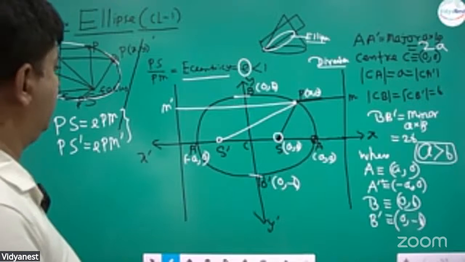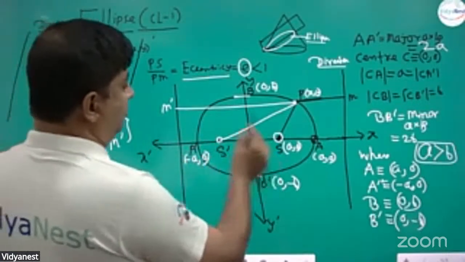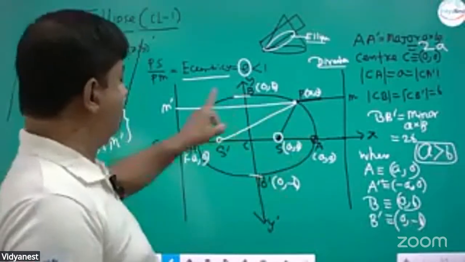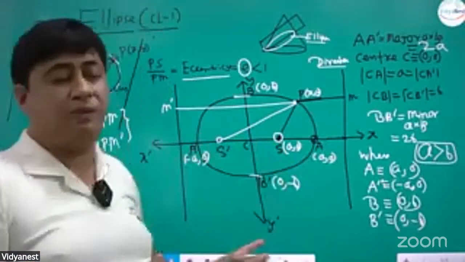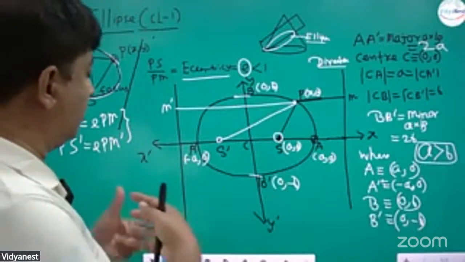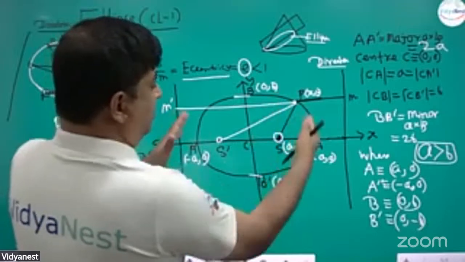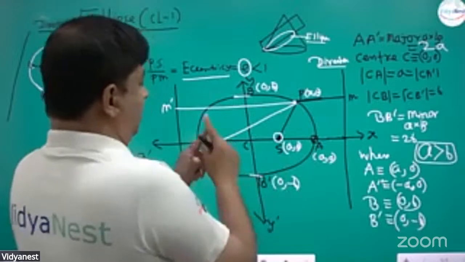Now, it has two focus. So two parabolic curves are joined together. Though that is not the proper explanation, but to memorize, you can go through in this way. Two parabolic curves, one placed opposite to the other, are combined and form an ellipse.